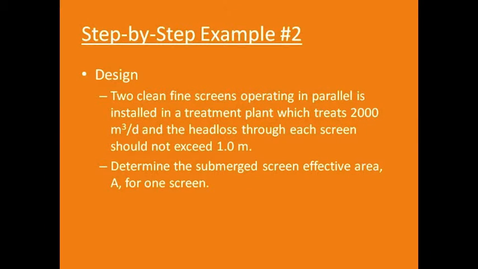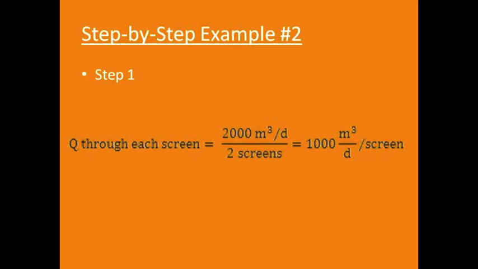A second step-by-step example focuses on calculating an area for a fine screen system. Two fine screens are operated in parallel to treat 2,000 cubic meters per day entering a wastewater treatment plant, and the maximum head loss allowed through each screen is 1 meter. Assuming the screens are clean, we need to calculate the effective submerged area of each screen. First, we divide our total flow rate by 2 to account for the parallel treatment trains.